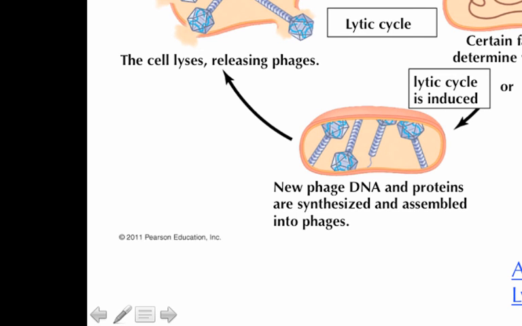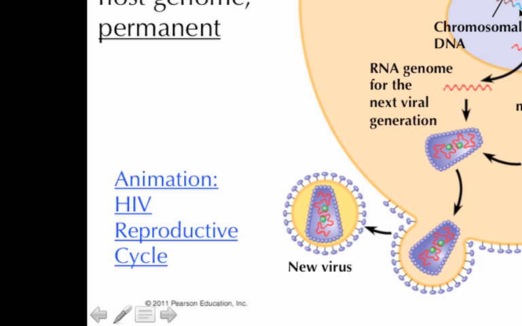Now the difference here is that the prophage comes back out again when the cell's going to go into the lytic cycle and destroy the cell. In this case, the provirus stays in the chromosomal DNA forever, unless the cell dies. And so there's not going to be a lytic cycle to this viral infection.